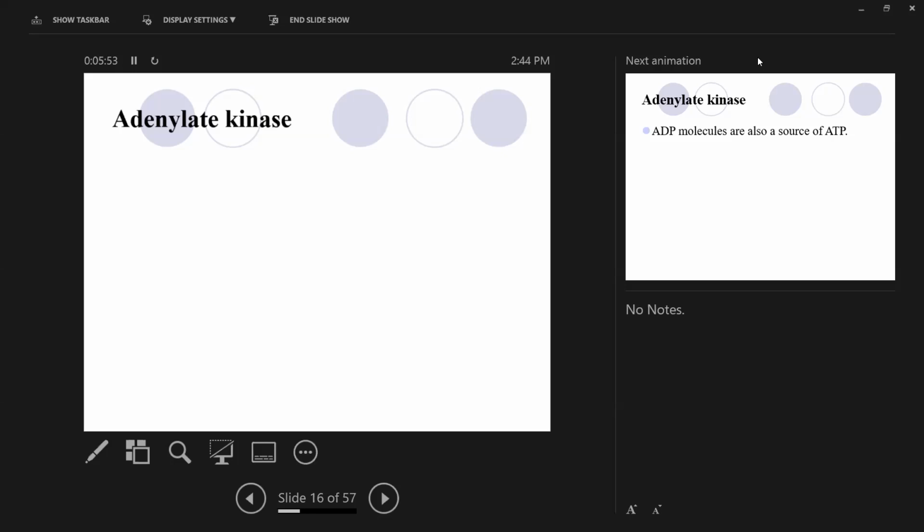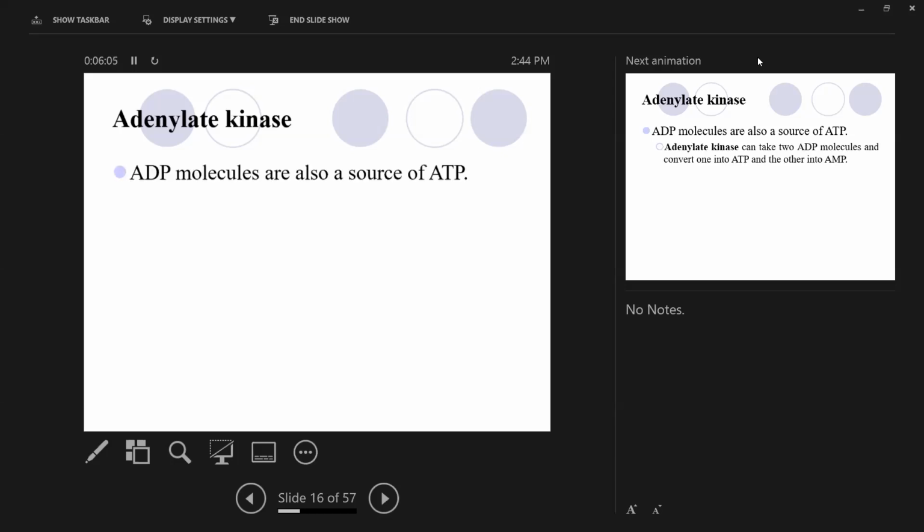Now, you also have several different enzymes that are going to help manage ATP and ADP concentrations inside cells. So the ADP molecules will get phosphorylated. When they get phosphorylated, they give you ATP. And you can therefore mediate the concentration of ADP in order to make sure that you're just one step away from making an ATP.